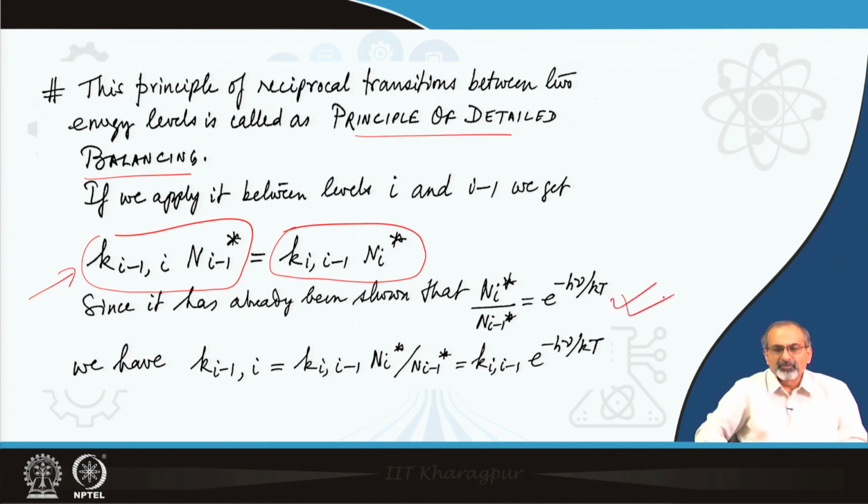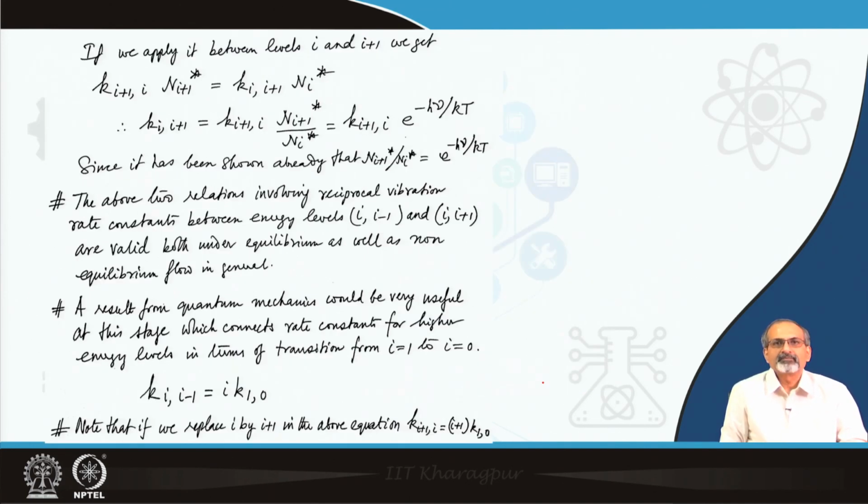Also, if you recall this result which we have already seen and you plug it in here, then this is how it looks. k I minus 1 I will be equal to k I minus 1 into e to the power of minus h nu by kT. If we were to apply it between levels I and I plus 1, then let us see how it works.